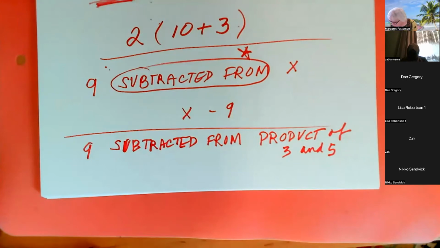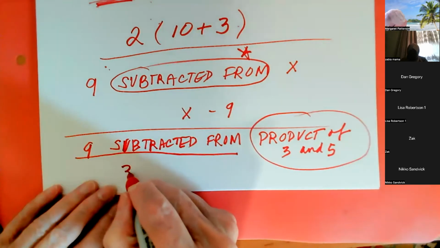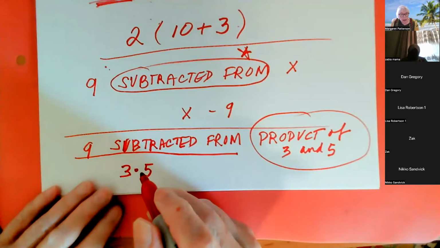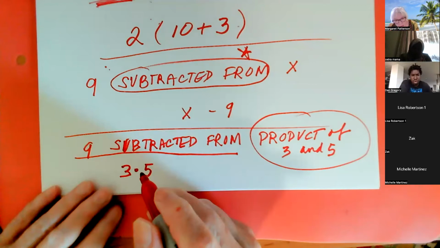So what you say first is you've got to subtract 9 from something. The product of 3 and 5. How do I write that? 3 times 5. And so I could use the dot. 3 times 5. Now, how do I do 9 subtracted from that? You put the 3 times 5 in parentheses, minus 9. So it's 3 times 5 minus 9.